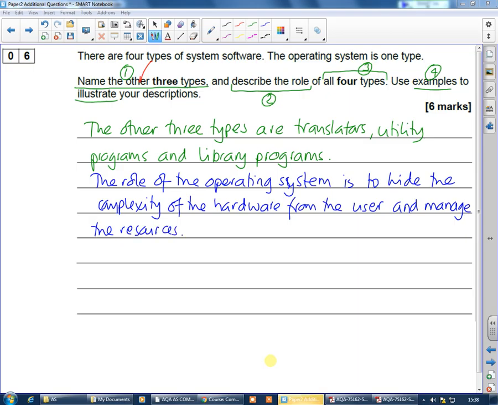Okay, so that's what it's got to do. So that's its role, that's its job.